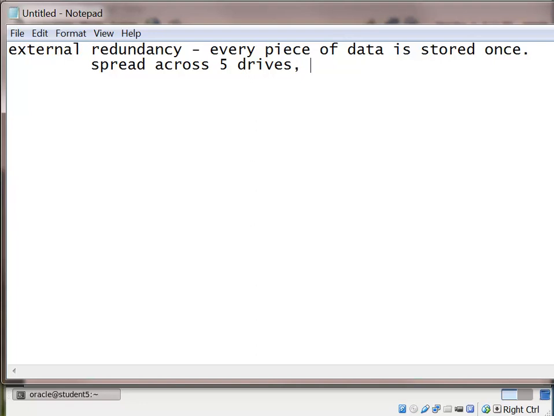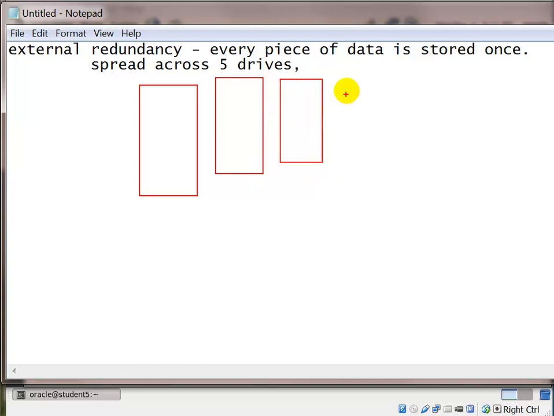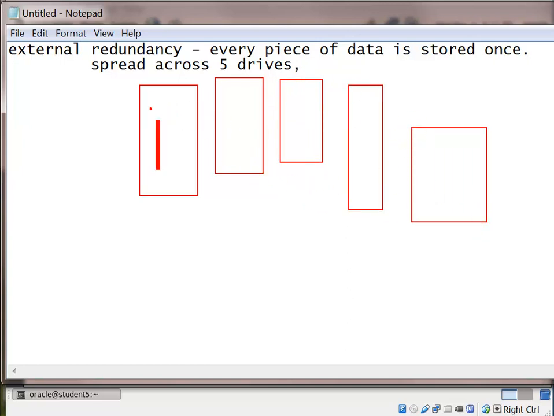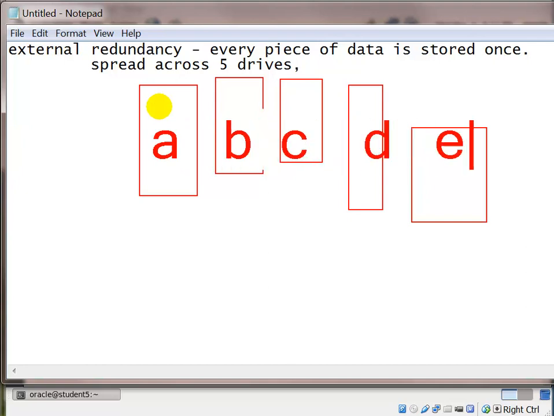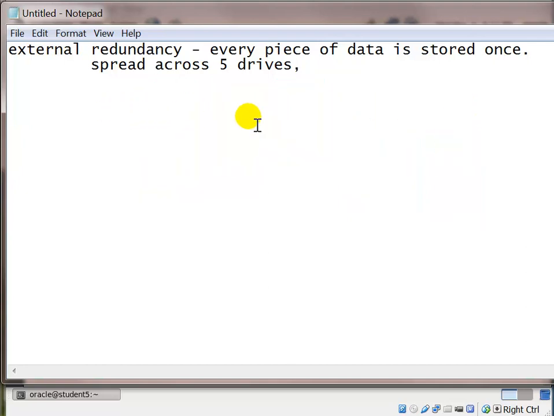So if you imagine there are 5 drives, and you have A, B, C, D, E. And if you lose one of the drive, you lose one piece of the data, there's nothing that can give you back that data. Okay, if you lose it, you're toast.